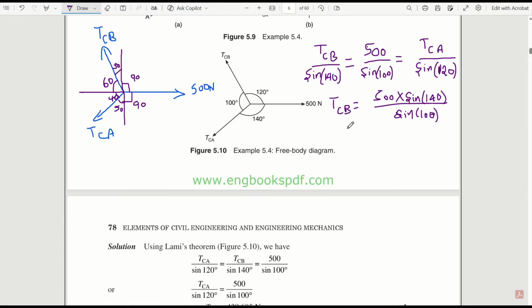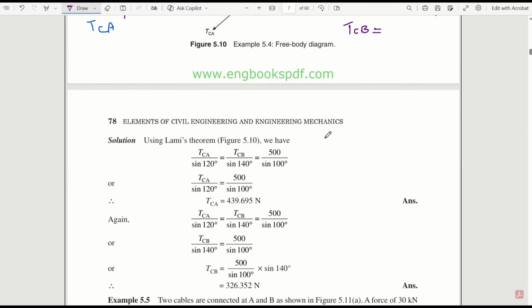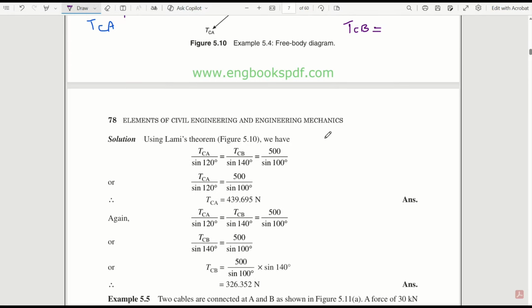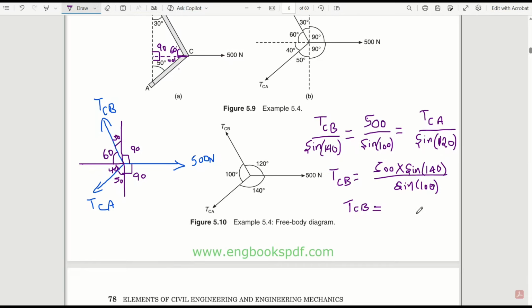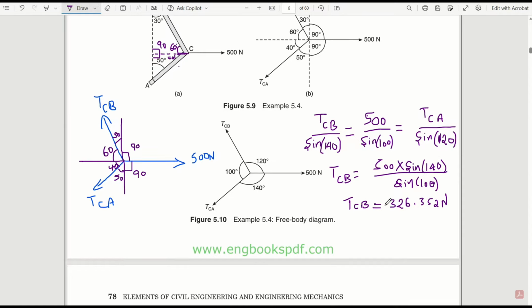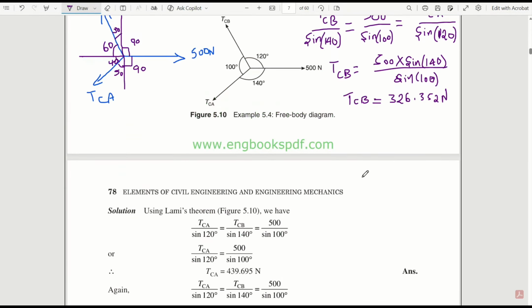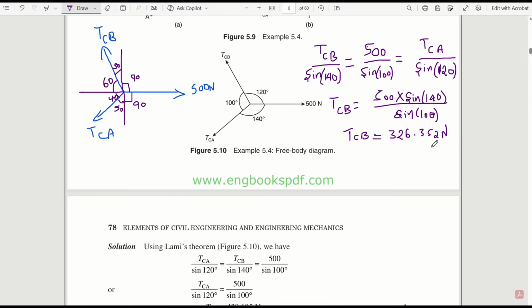Just calculate it and write the TCB value. So TCB is equal to 326.352 Newton. Correct? Just check whether you are getting the same value or not.